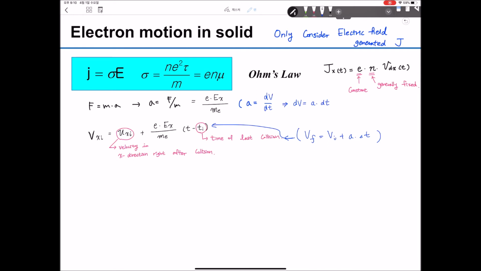And here, we already know that the drift velocity in x is equal to 1 over the total number of electrons times Vx1 plus Vx2 plus and so on up to Vxn. And in this case, on average, the net uxi equals 0.